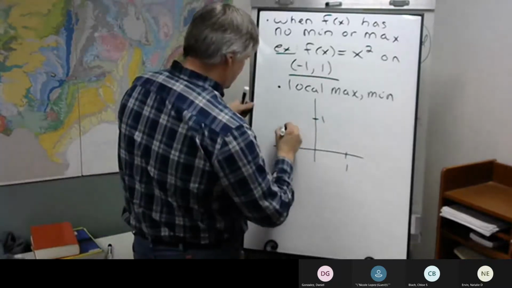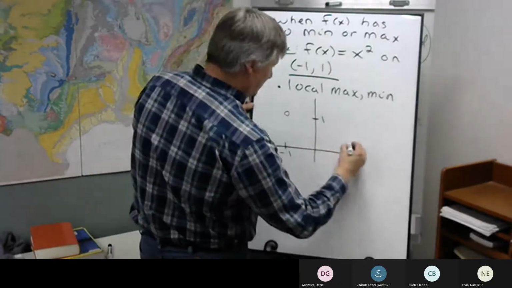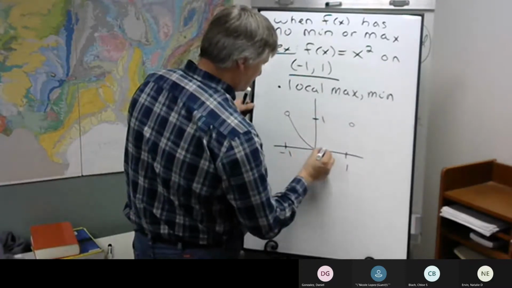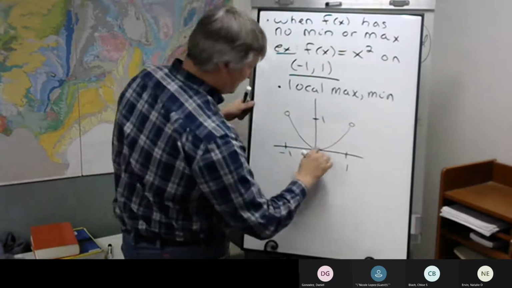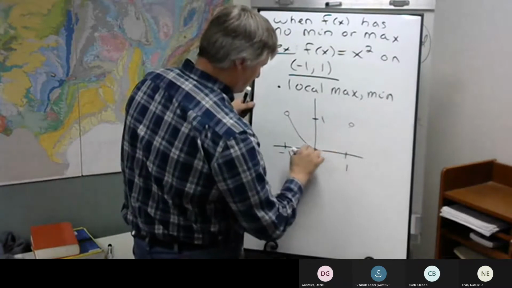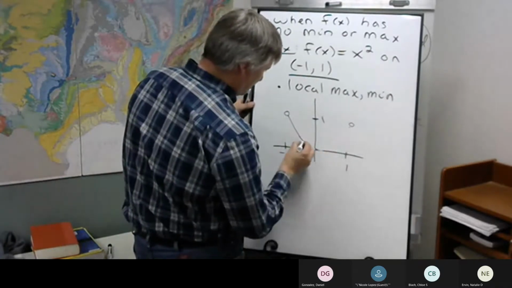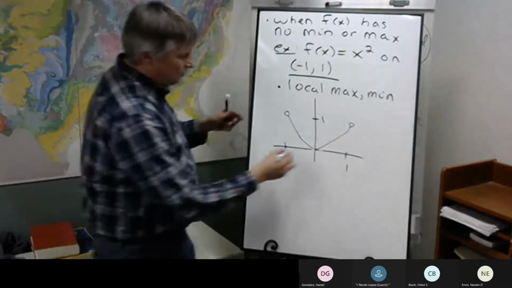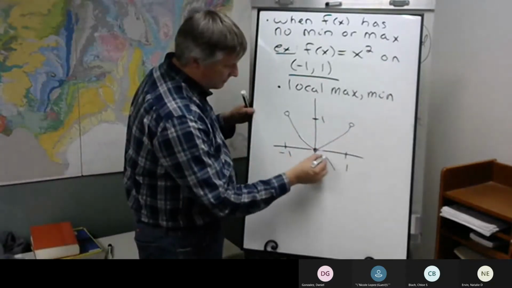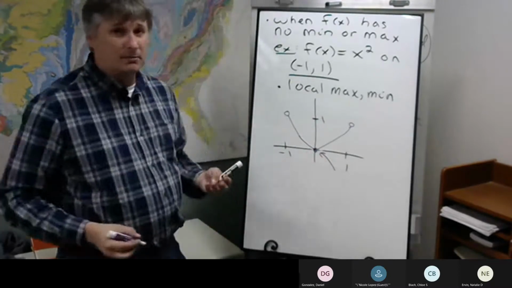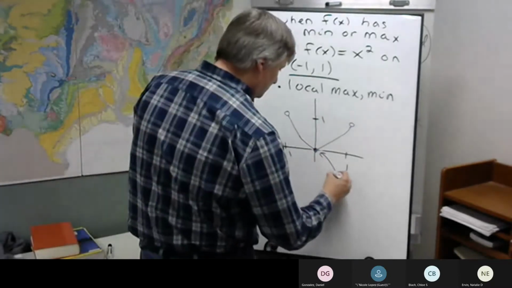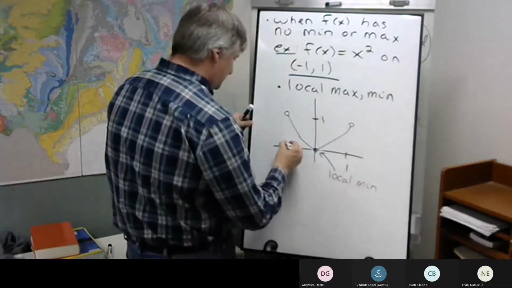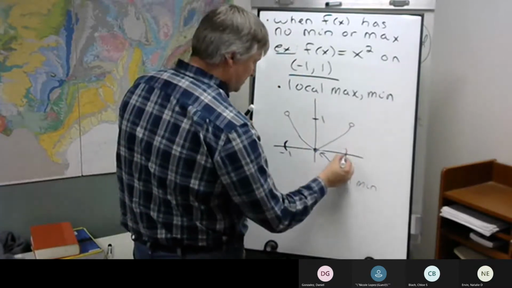So that means we'll have holes at negative 1 and 1. So once again, we do have a minimum. And so this is going to be a local minimum. Here, I'll put the parenthesis in.